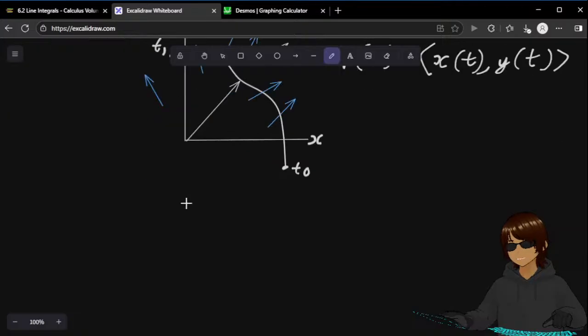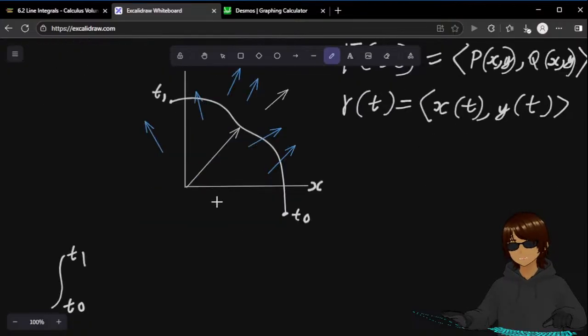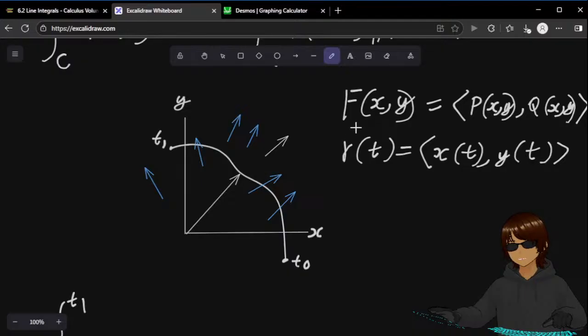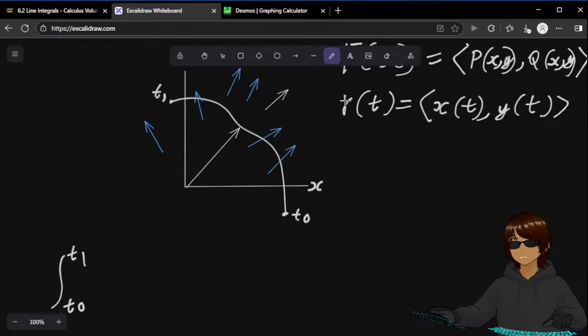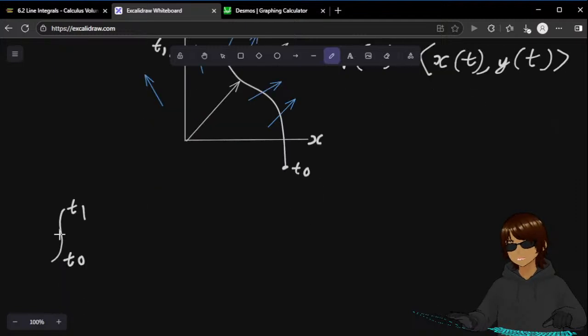A vector line integral from t naught to t1 is like we add an infinite sum of this dot this. So we add infinite sums of f at r(t), at that particular value, dot r'(t).